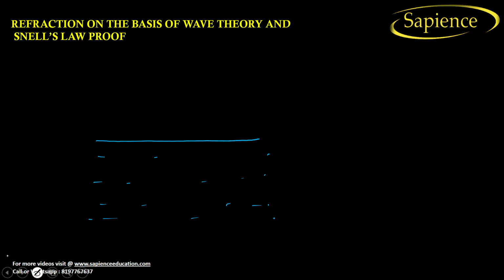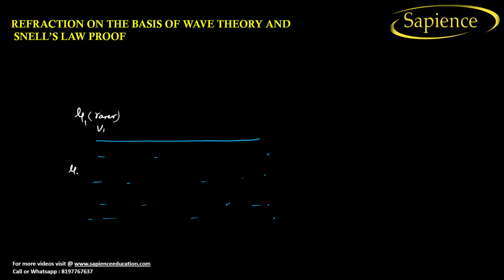So let us represent mu1 as the refractive index of medium 1, and it's a rarer medium, and the velocity of the light, let us consider it as v1.